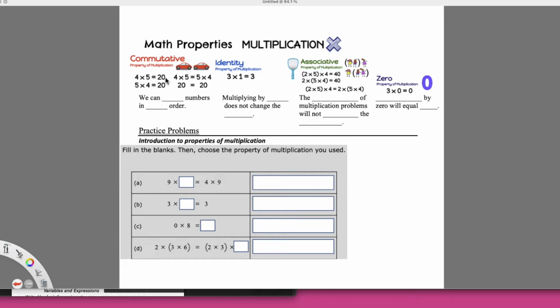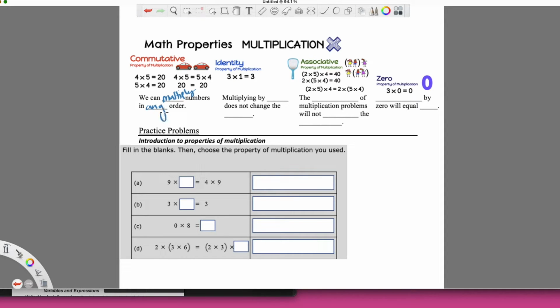Again, as long as it's all multiplication, or like in the last video, it was all addition, I can multiply in any order. The order of multiplication does not matter as long as it's all multiplication. If we start adding in other pieces there, addition, subtraction, division, that's going to definitely change the order I have to do things. But if it's all multiplication, any order.